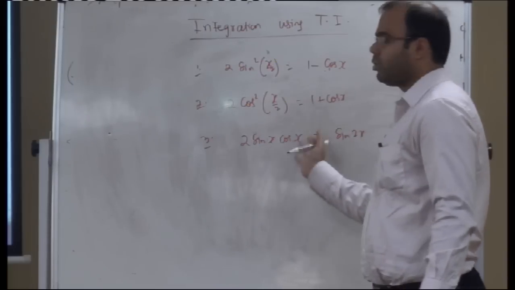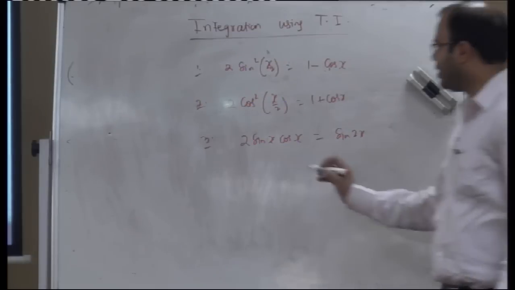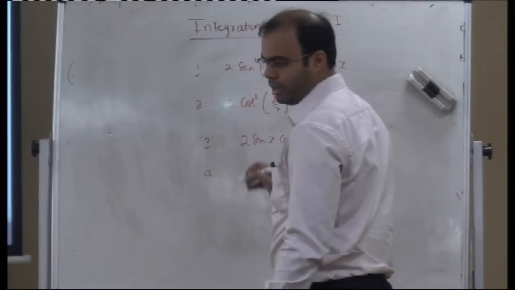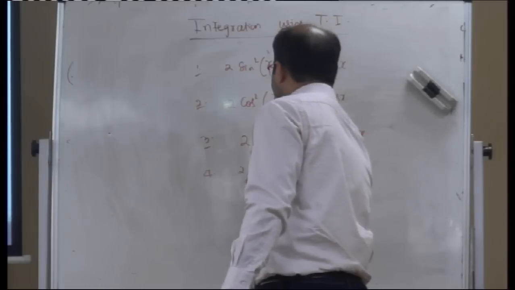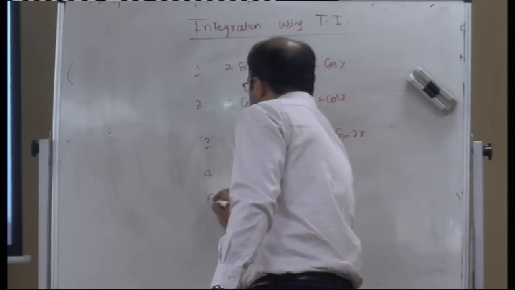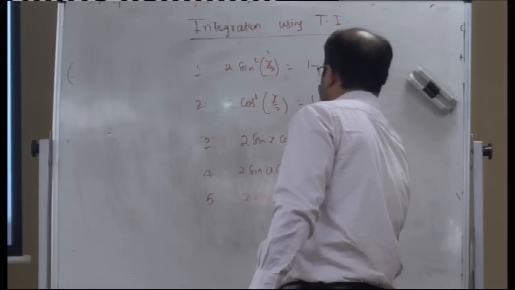Again there are 2 trigonometric functions, you can reduce it into 1 trigonometric function. These are quite basic which you have to apply, so we are just recapitulating all those things. 2 sin a cos b can also be used. 2 sin a sin b can also be used.